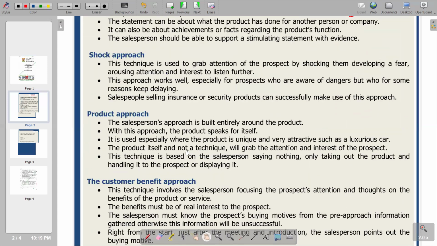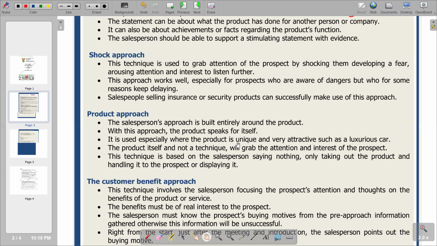Obviously, this product approach is based on the salesperson presenting the product to the customer. So when the salesperson presents the actual product to the customer, that's the product approach.